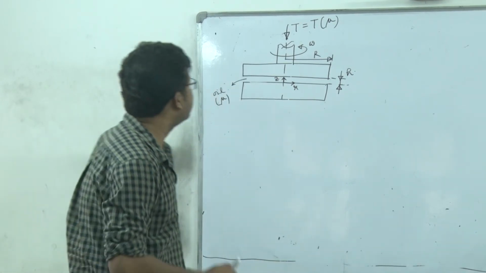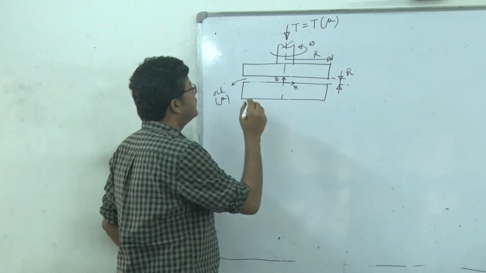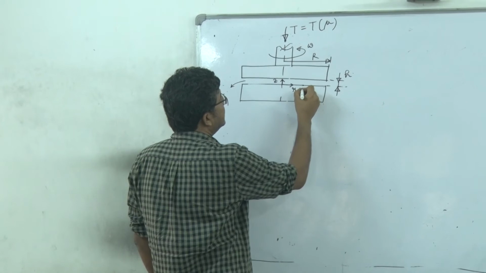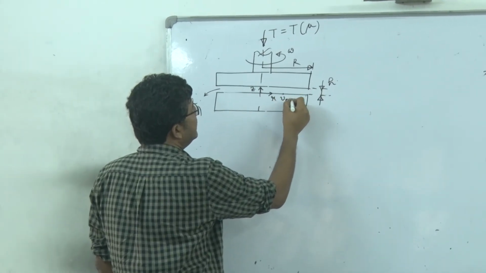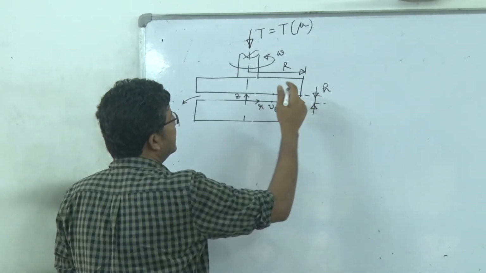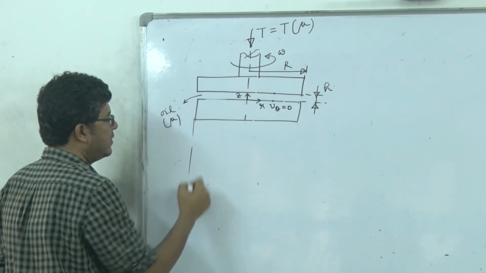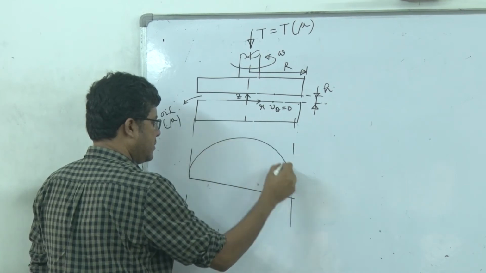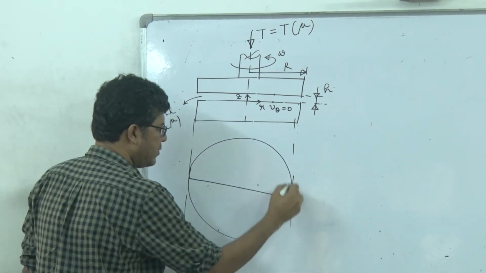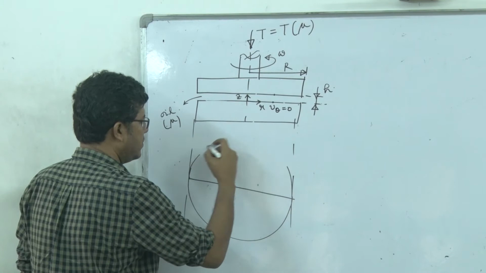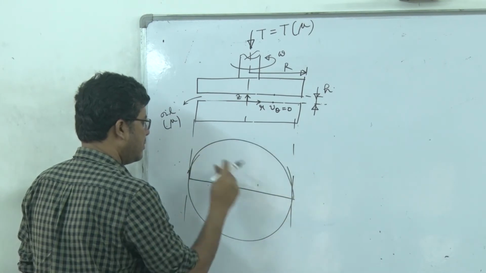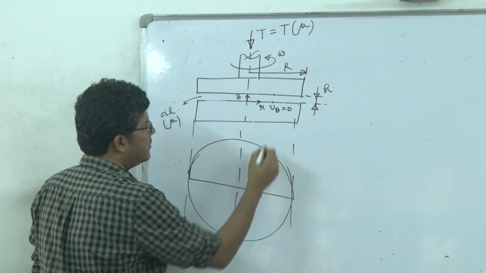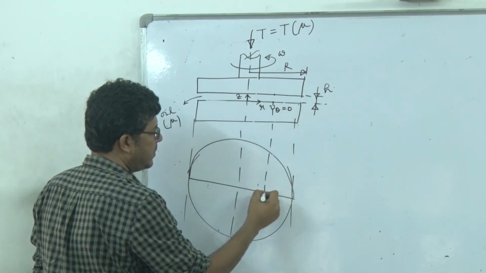So here you see that at this point the velocity v theta is 0, and if you see it from the top view, the point is somewhere here.